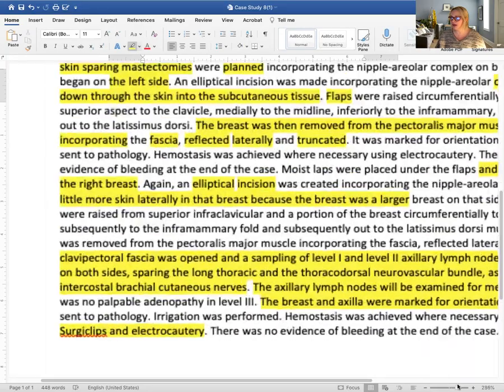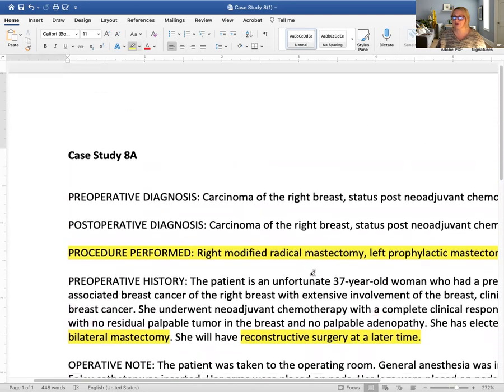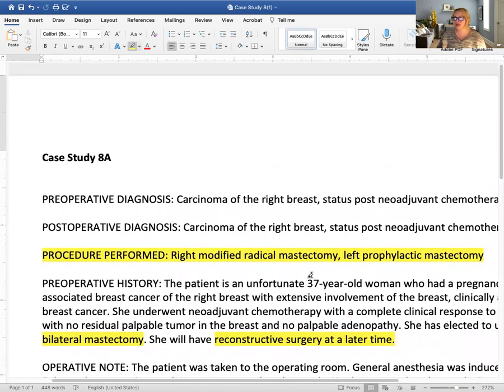What I mean by that is in your note, which I just zoomed in really big there, you have at the very top the detail for every op note that's going to tell you what procedure is performed based off of how the provider orders the procedure in the electronic health record, how they list it in their note, or what they're expecting to perform. Most of the time, this is an accurate description of the procedure itself.